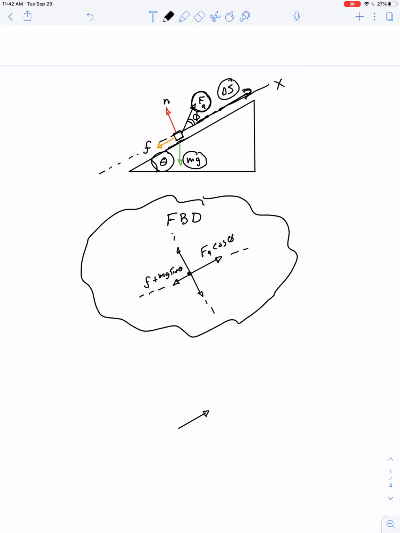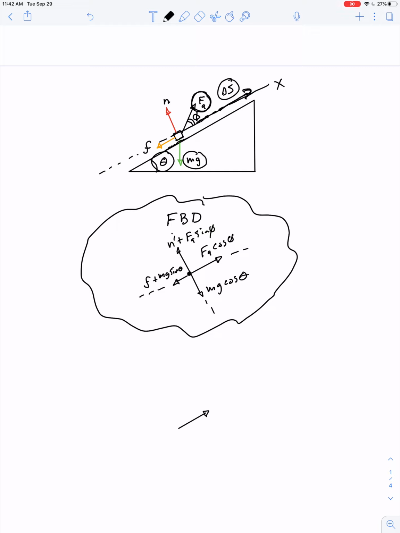Okay. And then the normal force, along with the other component of the applied force, FA sine phi, point along the y-axis. And then we have mg cosine theta pointing along the negative y-axis.